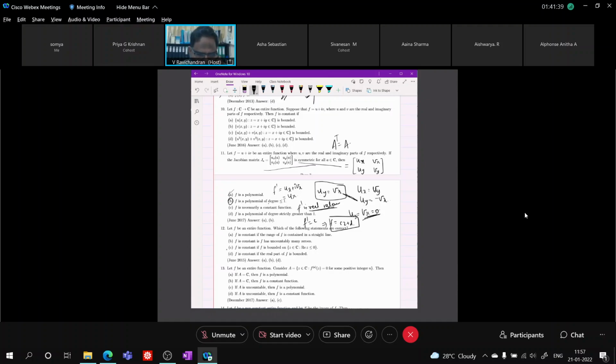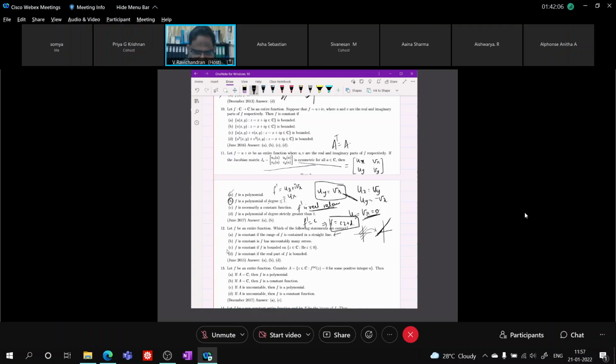Then what about this question? F is an entire function, which are correct. This one is the one where you have to use the identity theorem, correct? For the first one, we can see the whole complex plane, because the entire function is mapping this to some straight line.